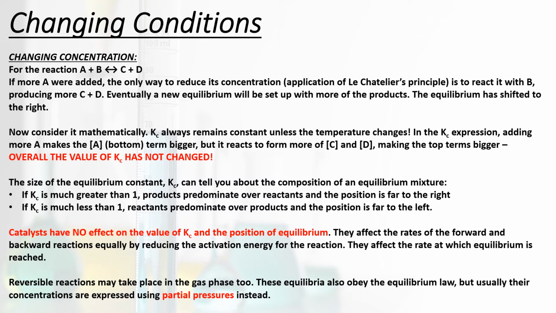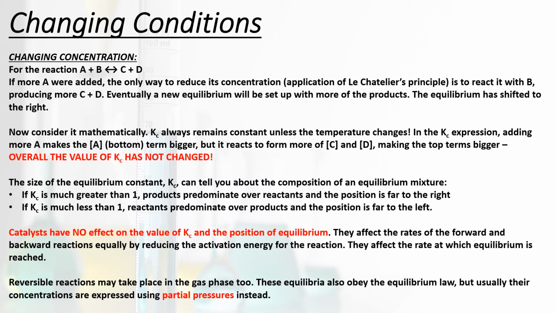So if we consider our reaction, A plus B goes to C plus D, and I add more A, if I increase the concentration of A, the application of Le Chatelier's principle tells us that the equilibrium will move to oppose the change, to oppose this increase in the concentration of A by reducing the concentration of A. The only way to do that is to react it with more B. And so we end up producing more C and more D, more product. The equilibrium shifts to the right. Eventually a new equilibrium will be set up that has more of the product. The position of equilibrium will have shifted further to the right.